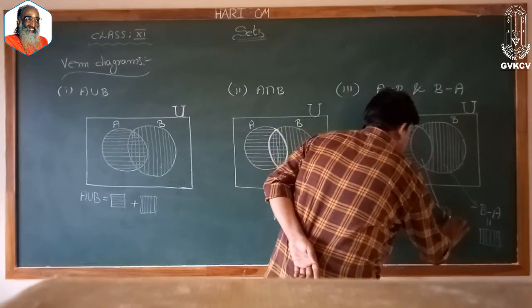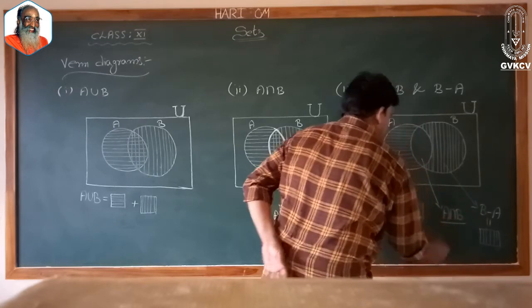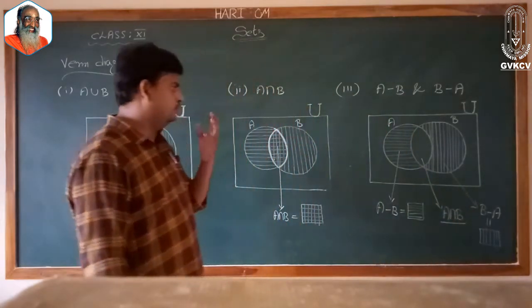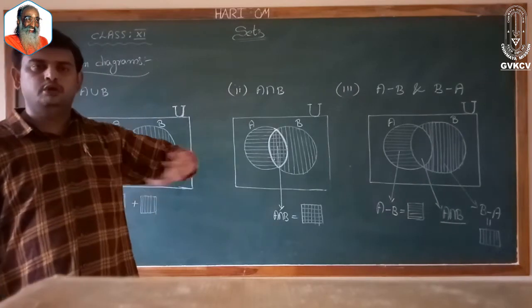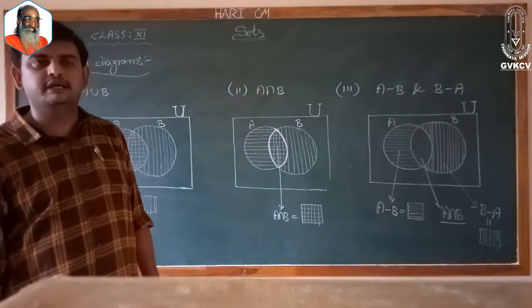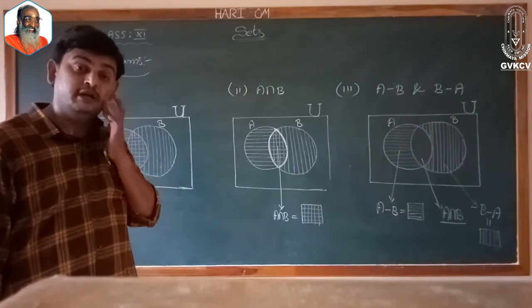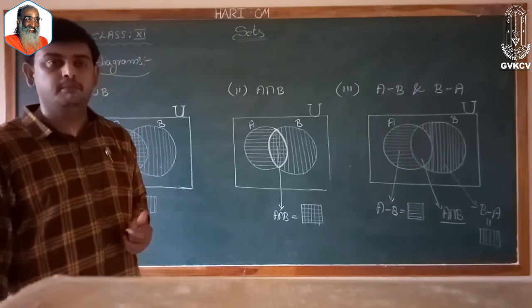This is A intersection B, the part common to both set A and set B. What are we eliminating? The intersection part.